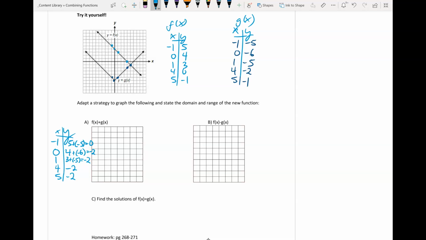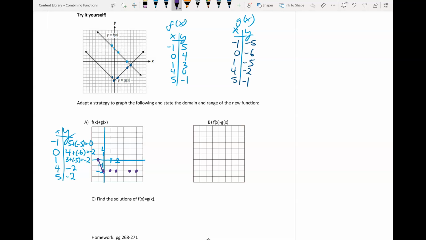So we can go ahead and graph this. The point at -1, 0, 0, -2, 1, -2, 2, -2, 4, -2, and 5, -2.